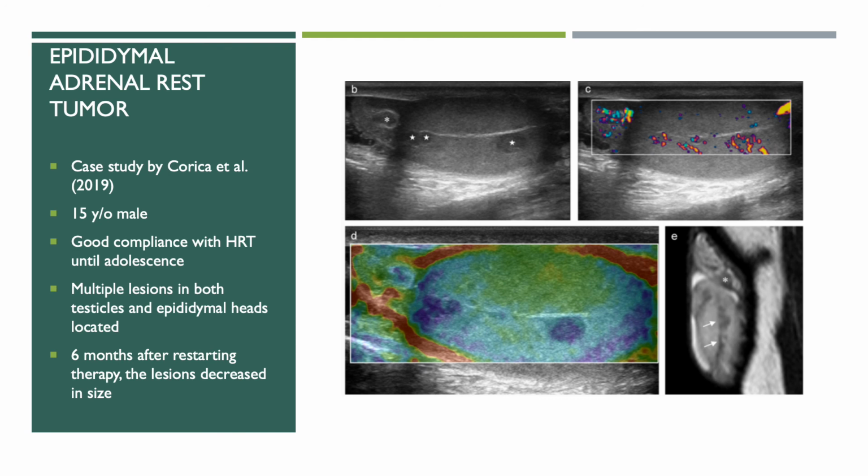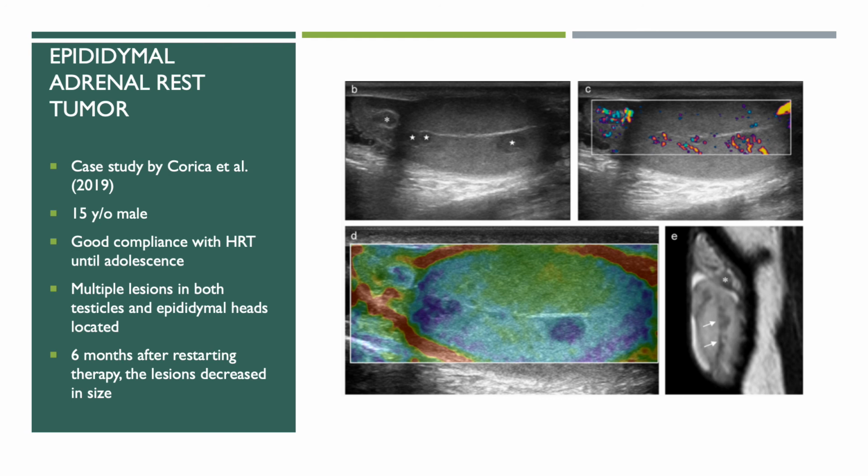At this time, his physical exam was normal, but the ultrasound showed multiple homogeneous, hypoechoic, hypervascular masses in both testes, all measuring less than 1 centimeter. Bilateral lesions were also found in the epididymal heads bilaterally. These lesions exhibited the same sonographic characteristics as the other lesions.